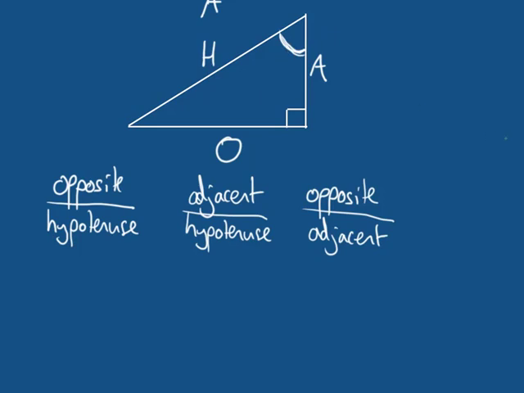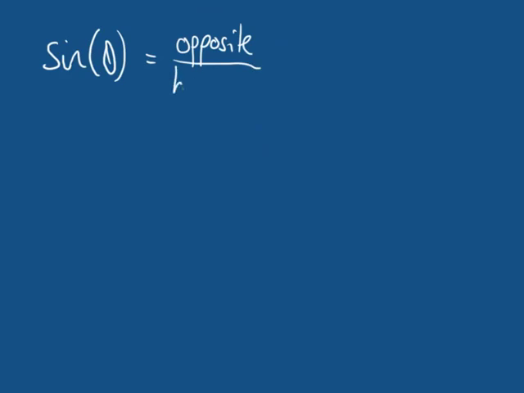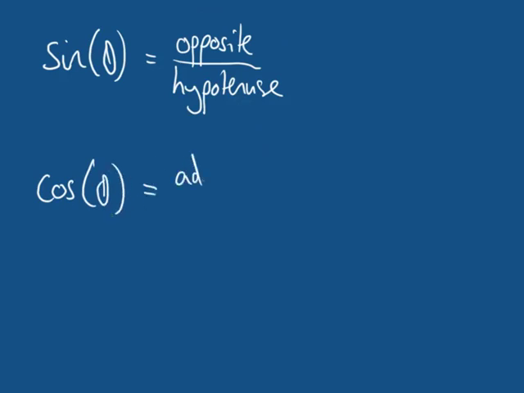So our trigonometric ratios can be written, as I scroll down, because I want as much room as possible for these, as: the sine of theta, our angle in question, is equal to the opposite edge to that angle divided by the hypotenuse. The cosine of our angle in question is equal to the adjacent edge, so the edge that touches that angle, divided by the hypotenuse.